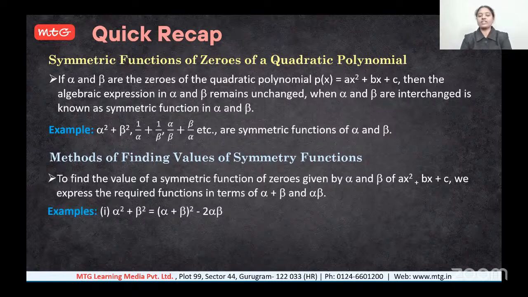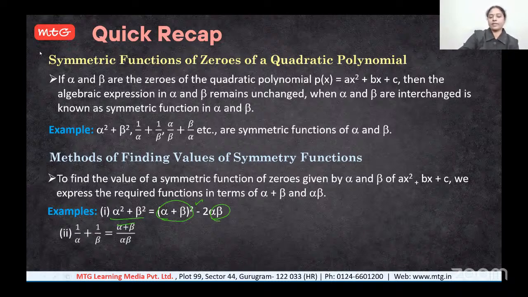If you want alpha square plus beta square, how can I derive it? Alpha plus beta whole square minus 2 alpha beta. The sum of zeros squared, minus twice the product of zeros, gives alpha square plus beta square. Similarly, for 1 by alpha plus 1 by beta, divide the sum of zeros by the product of zeros.